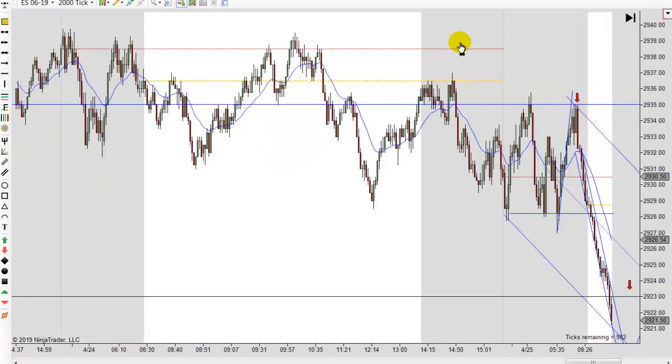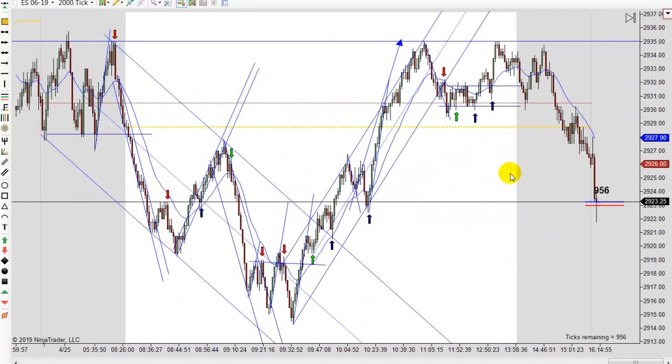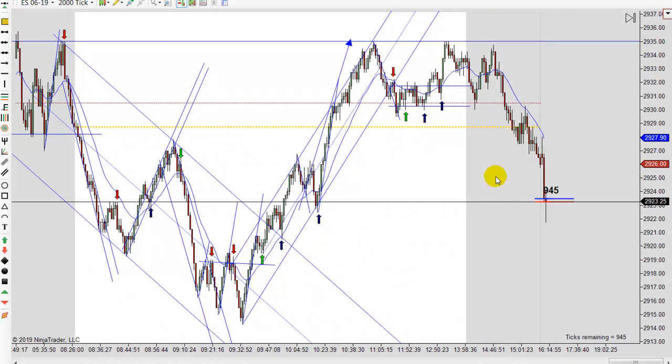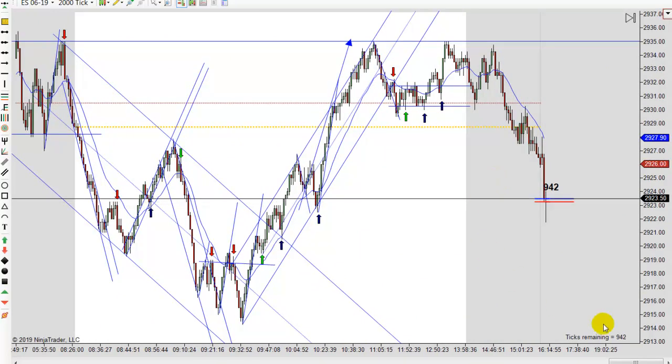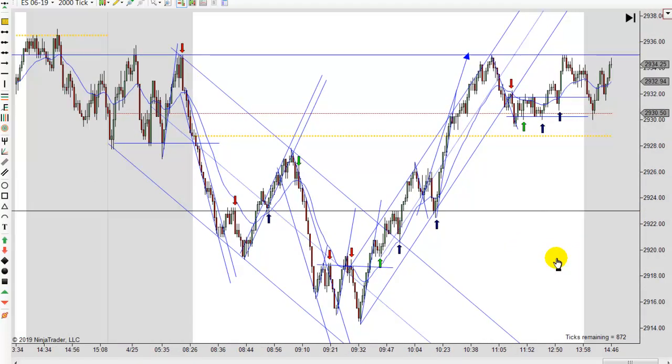I believe that was the high. We're really finding it harder to go any higher right now. We'll probably test this. It wouldn't surprise me to see prices come back and test the 2,900 again before it's over.